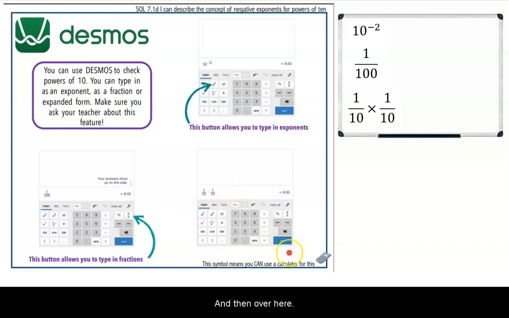And then over here, you can see that we've used our fraction key and we've put a number that's an expanded form to see what its decimal form would be. Now that probably seems a little confusing right now, but it'll make more sense once we practice it. So here I have the numbers, and we're going to practice looking at how we can change them to different forms with a calculator, because this is a calculator skill.